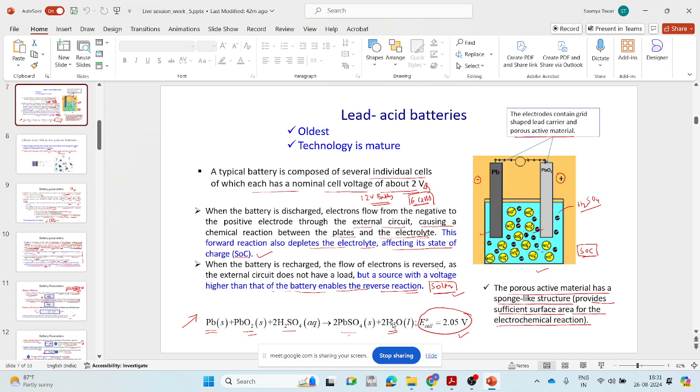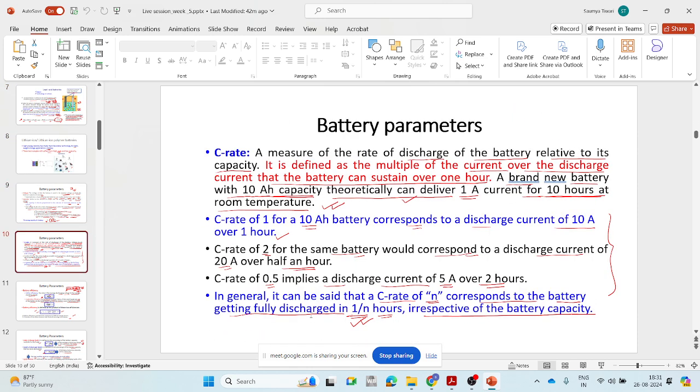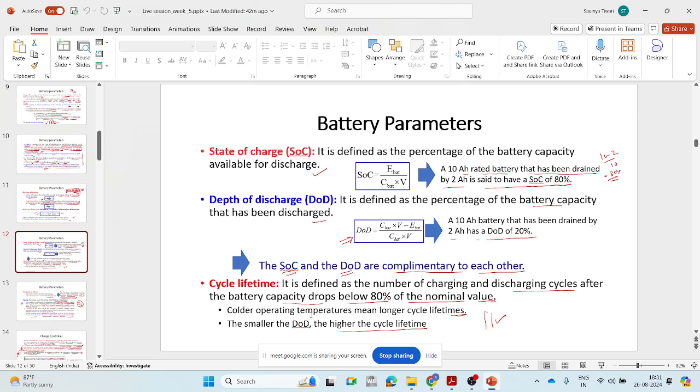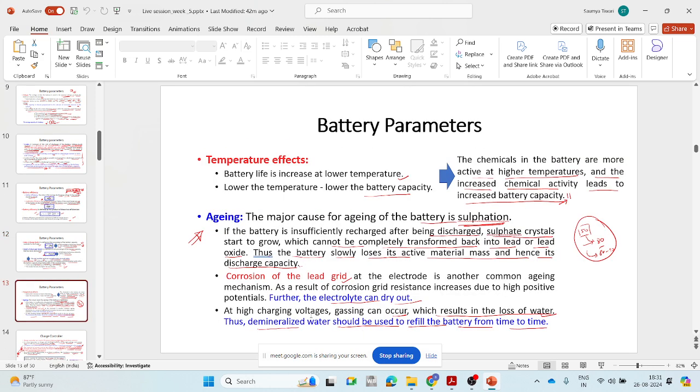The sulfate crystals start to grow, and that cannot be fully transformed back to your lead and lead oxide in the reversible reaction of charging and discharging. So battery material loss happens, and that directly conveys to a decrease in the capacity of the battery.